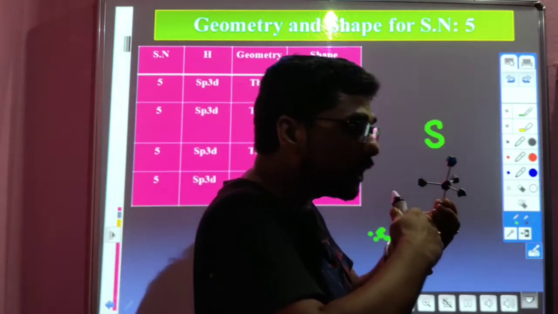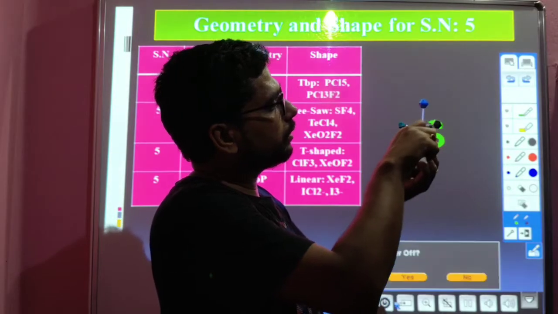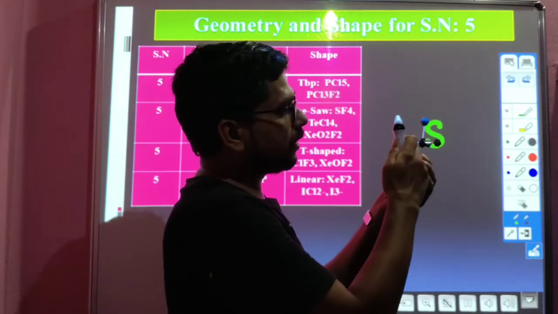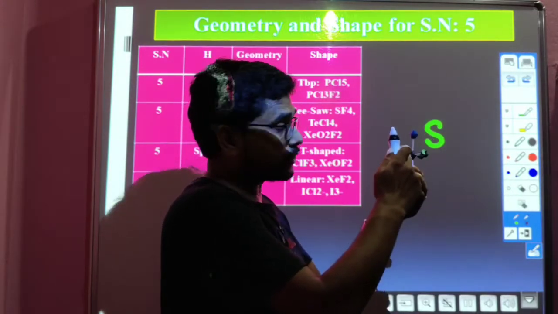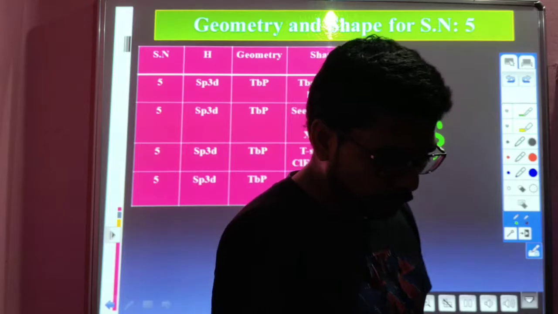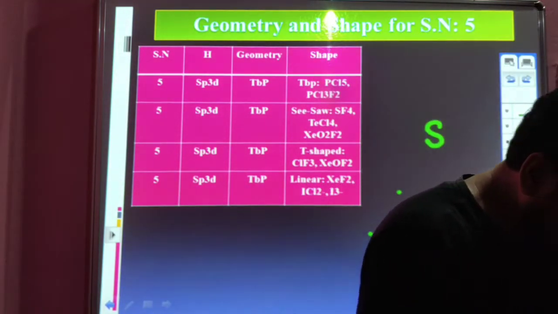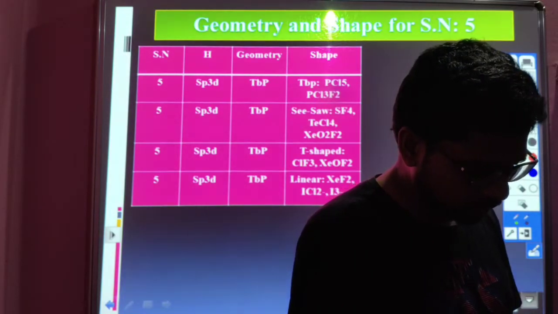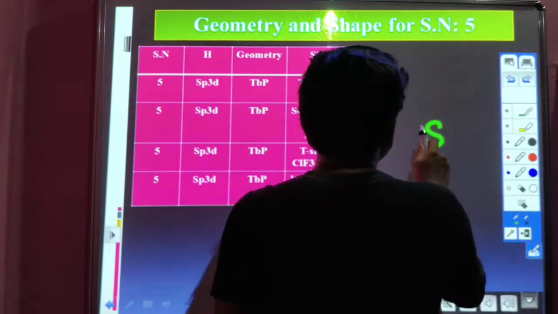The lone pair basically needs more space. So the lone pair will be occupying equatorial positions. If I put the lone pair here, what will you get?